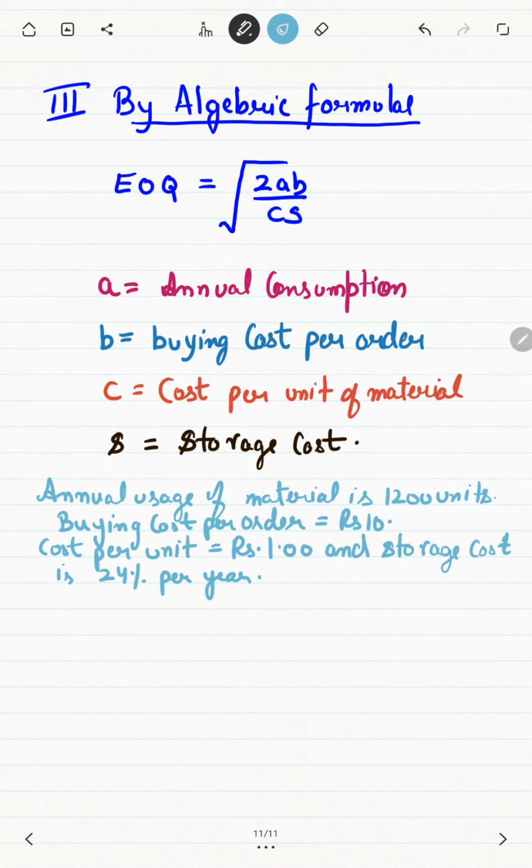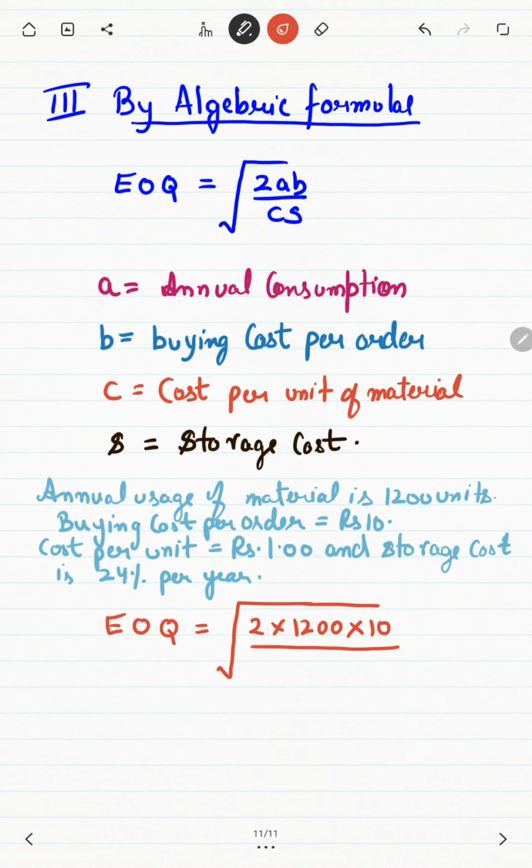So now as per the formula, it will be calculated as follows: EOQ is equal to the square root of 2 multiplied by annual consumption, that is 1200 units, multiplied by buying cost per order rupees 10, divided by cost per unit rupee 1 multiplied by storage cost 24%, meaning 0.24. So it will be roughly 316 units.